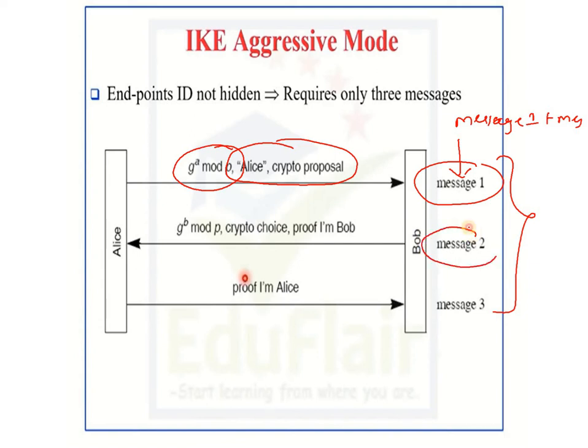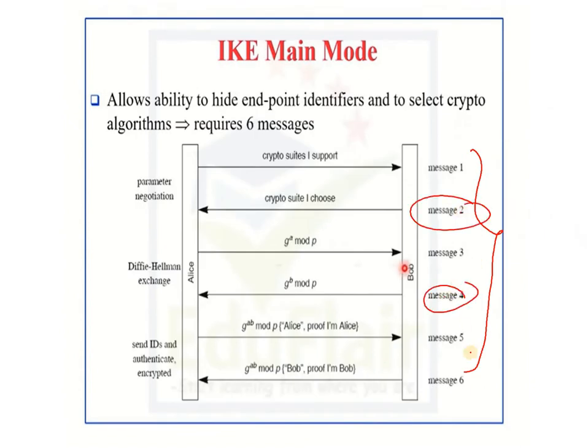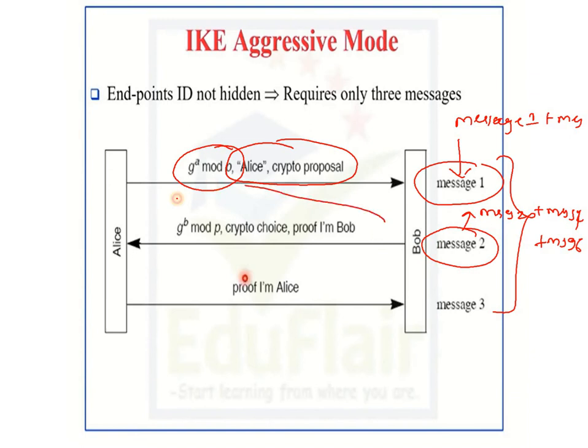Message 2 is the combination of message 2, message 4 and message 6 of the previous step, combined together, and we have formed this.